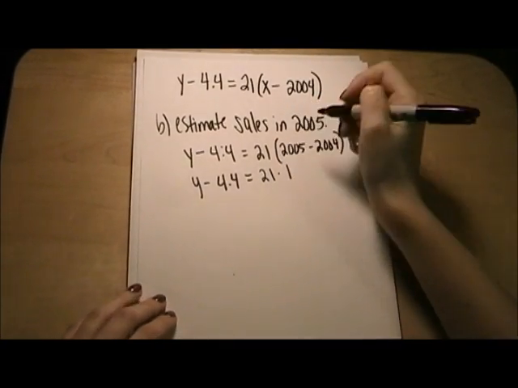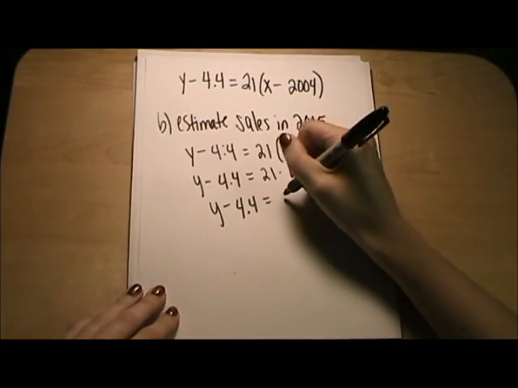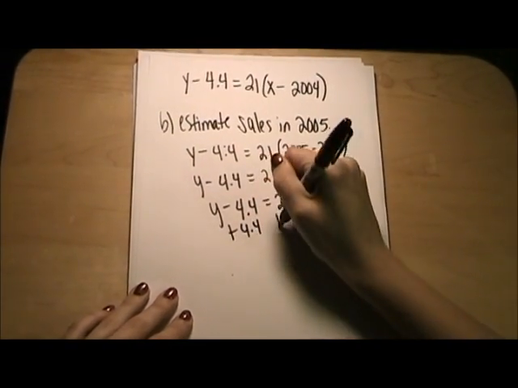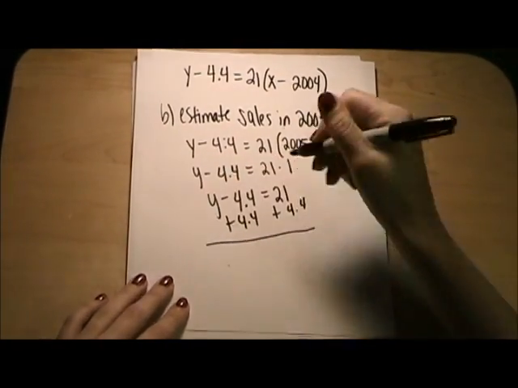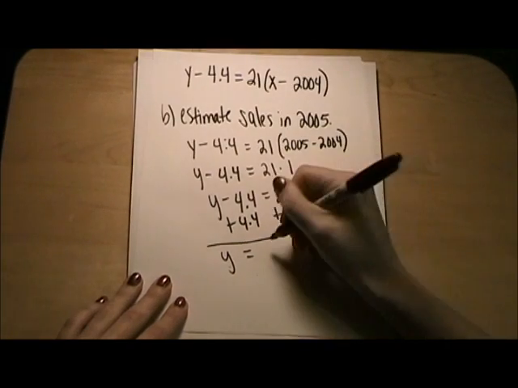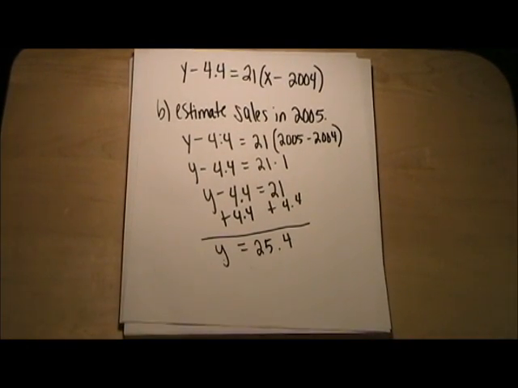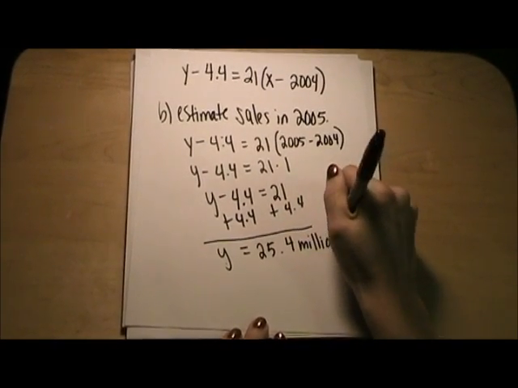That's 21 times 1. So y minus 4.4 equals 21. Add the 4.4 to both sides. You get y equals 25.4. And remember, this is in millions.